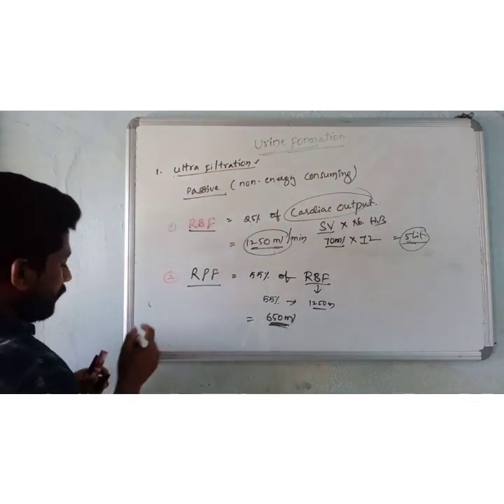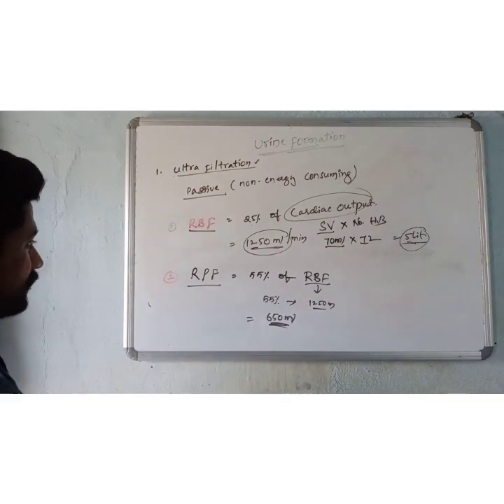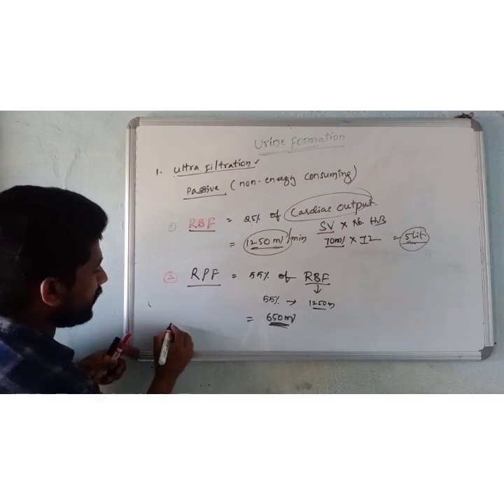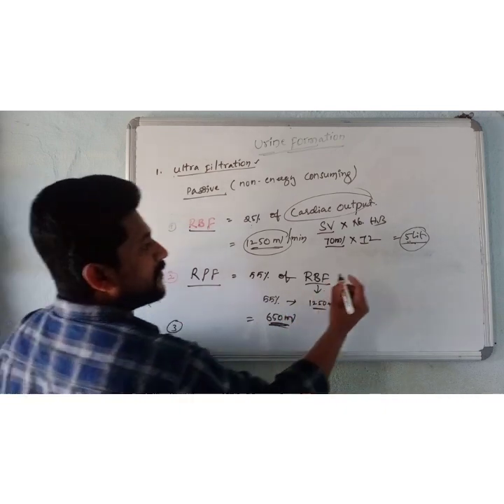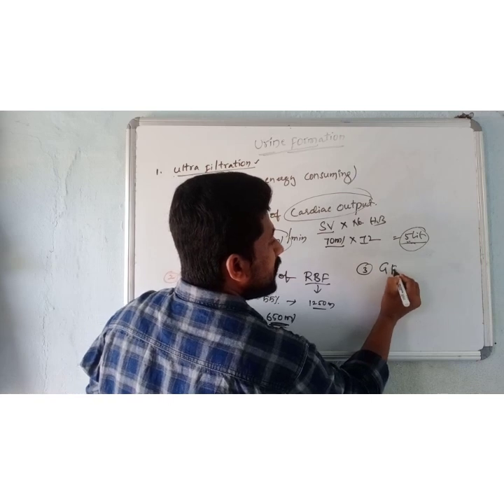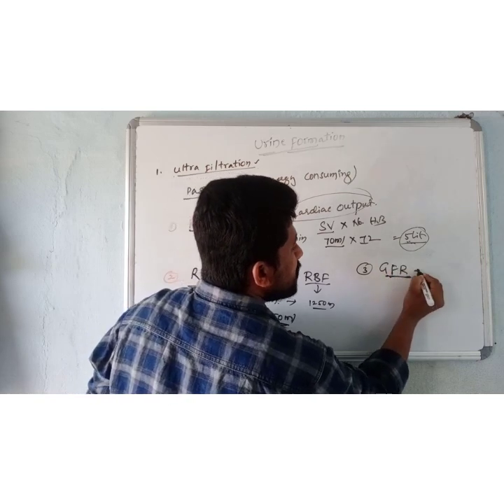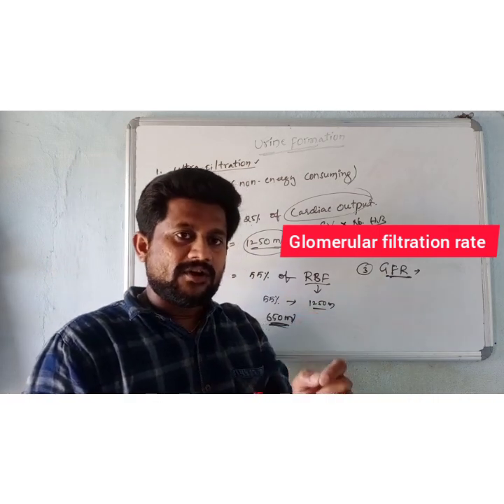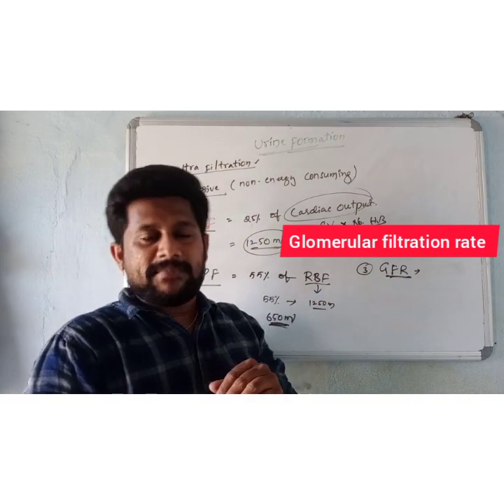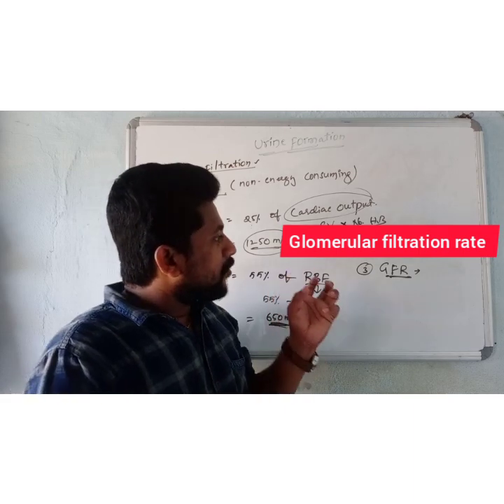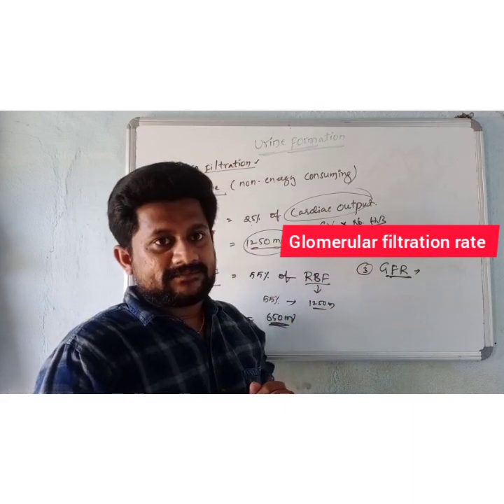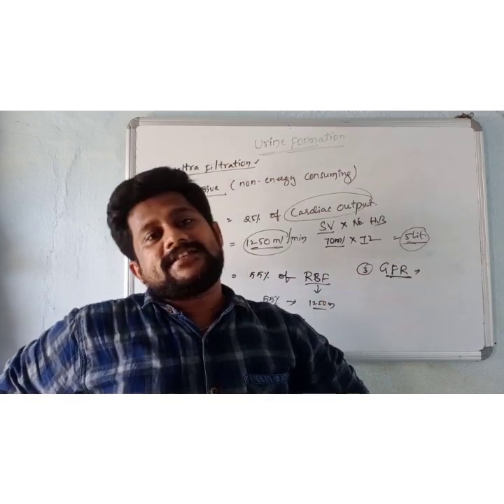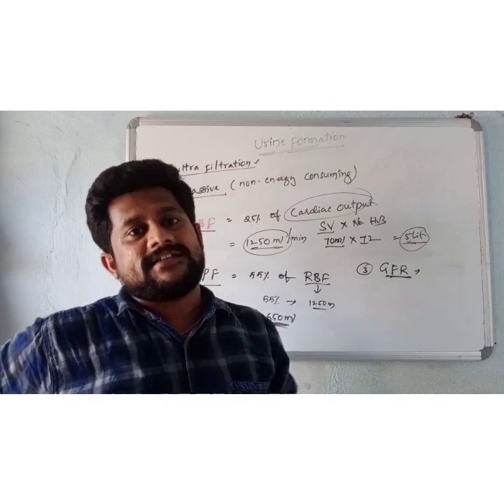Okay, right. After that, one more thing here: with the help of the RPF, we can find the GFR, the glomerular filtration rate. How can we define the GFR? It is the amount of filtrate produced or formed by both our kidneys in a minute.